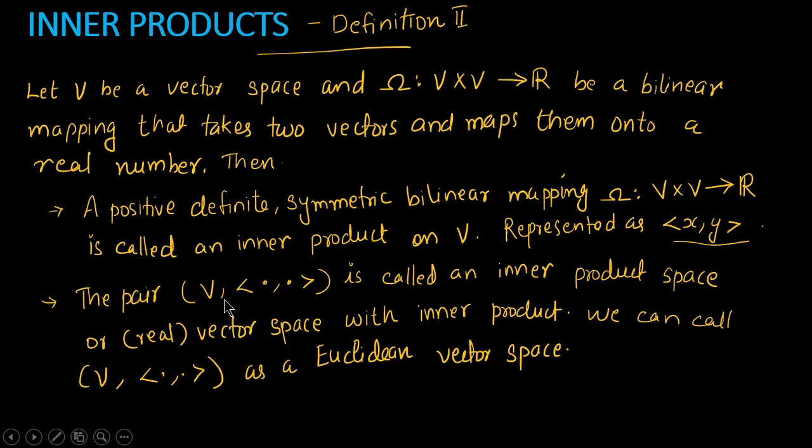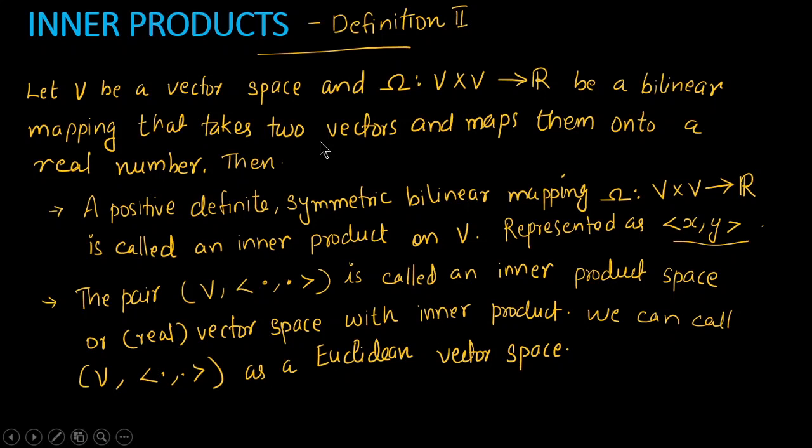The pair of V and the inner product is called an inner product space, or real vector space with the inner product. We can also call this pair an Euclidean vector space. So these kinds of vector spaces are called Euclidean vector spaces.